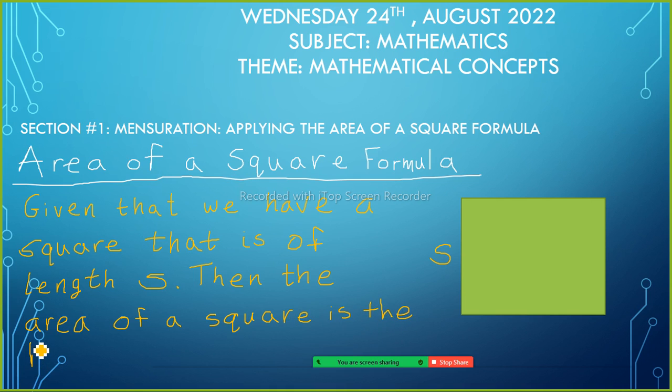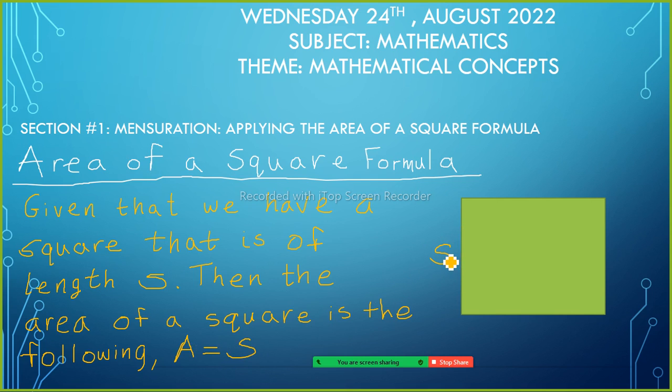And what is it? It is s times s. So area of a square is going to be equal to this length, which is s.